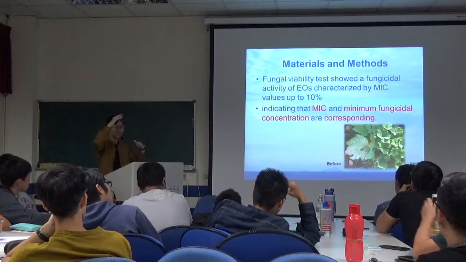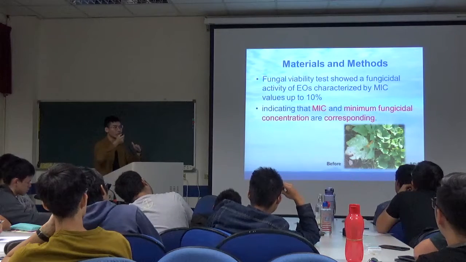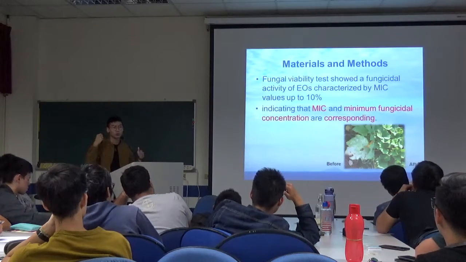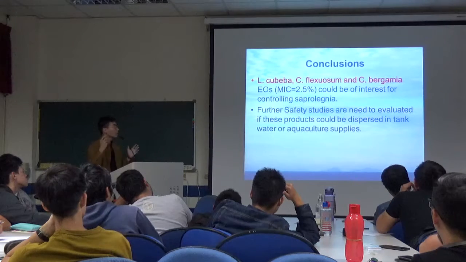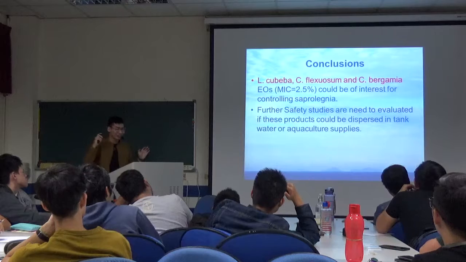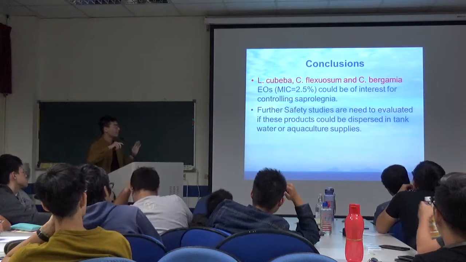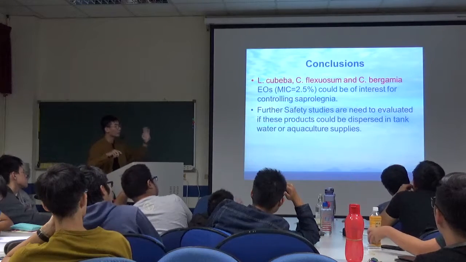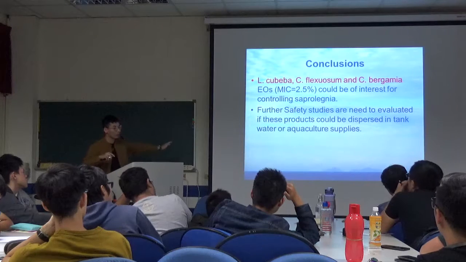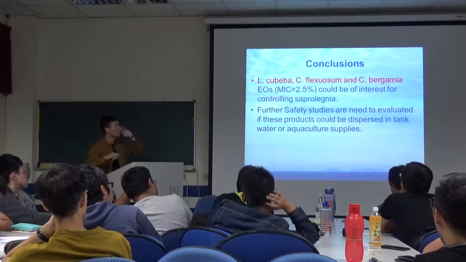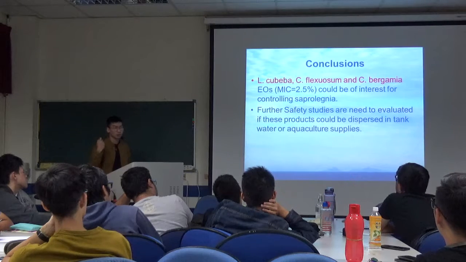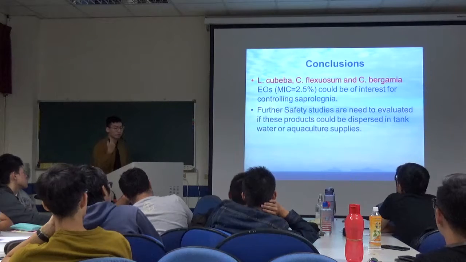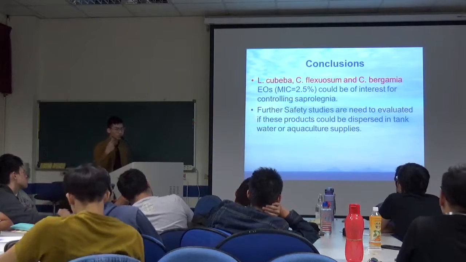It means that the lower the rate, the better it is at fighting the virus. In conclusion, finally, we know that for LC, CF and CP, these three essential oils, the minimum inhibitory concentration rate is 2.5. It is the most promising essential oil to fight the virus.